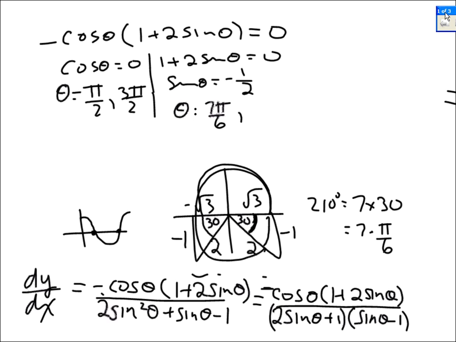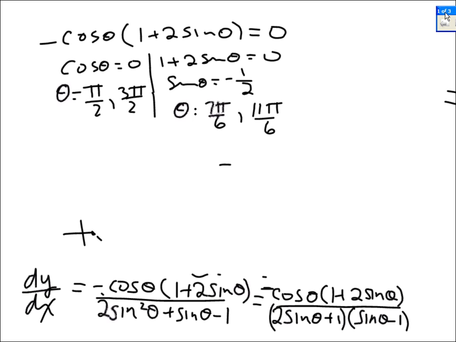The whole thing all the way up is 2 pi, minus pi over 6 is 11 pi over 6. 2 pi, which I'm going to write as 12 pi over 6, minus pi over 6, that gave me the 11 pi over 6. So those are the angles where possibly we have horizontal tangencies. Possible. We just have to make sure that these values do not make the denominator also equal to 0.